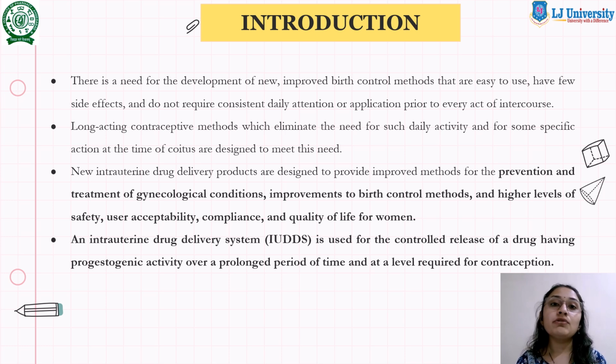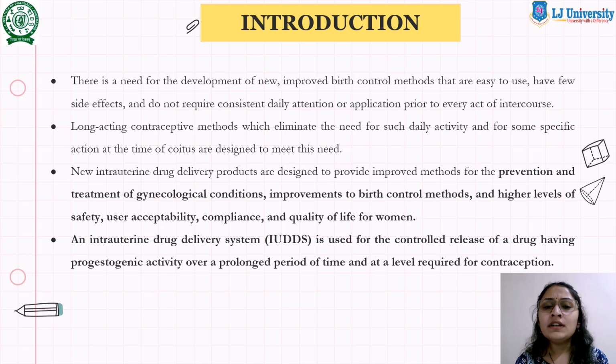So it will have prolonged action, and these intrauterine devices can be used for a span of 1 month to 8 to 10 years, which means it has prolonged action once it is inserted into the female, right?